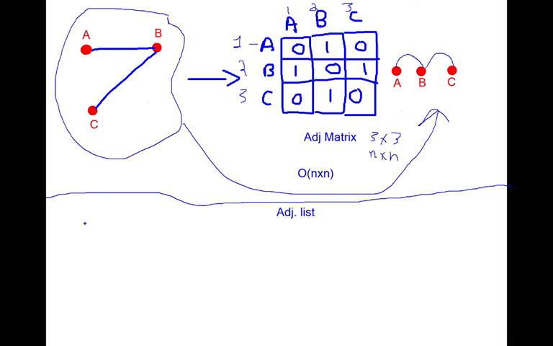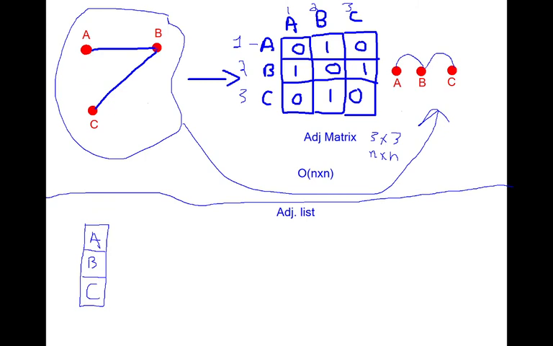In an adjacency list, we have a 1D array which has cells equal to the number of nodes. For example, here we have 3 nodes, so we will have 3 cells. The first cell will store A, the second cell will store B, and the third cell will store C.